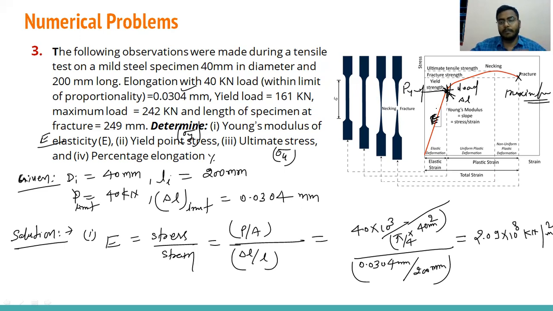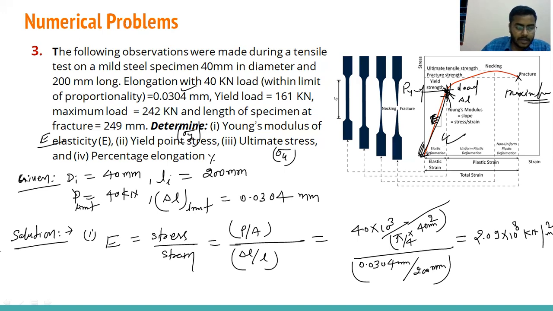If data is given beyond the elastic limit, we cannot use it to calculate the elastic modulus, right? But for this data, we can calculate the elastic modulus because you will see the constant from initial position to elastic limit, or we can say initial position to yield stress or yield point.